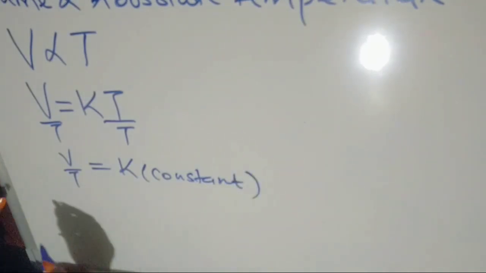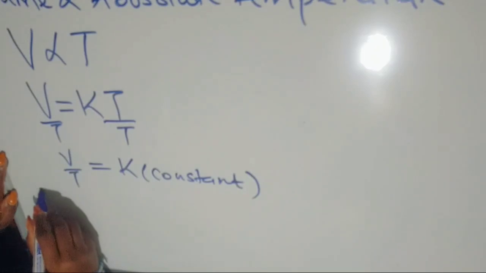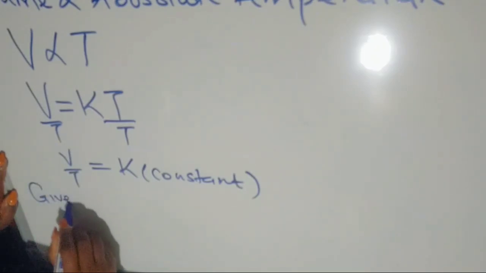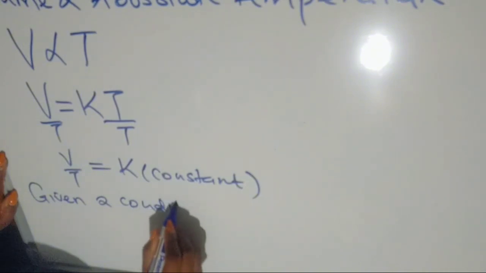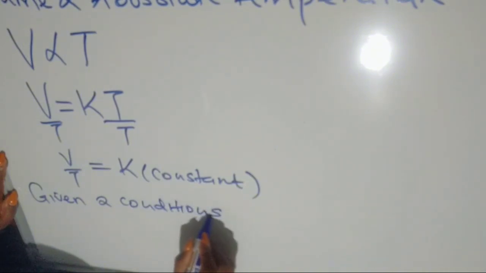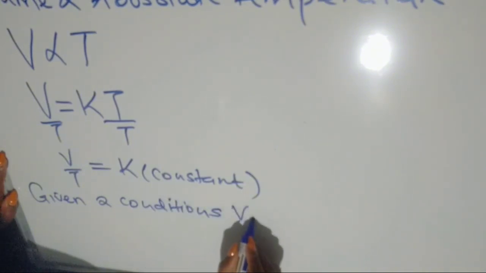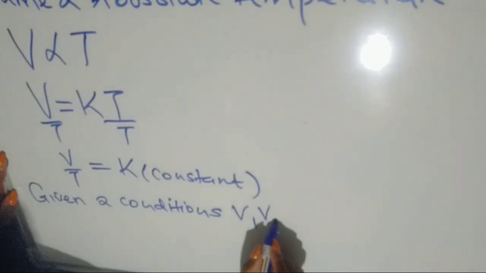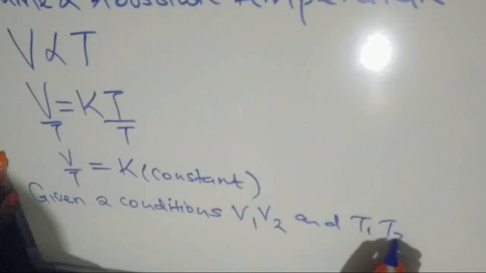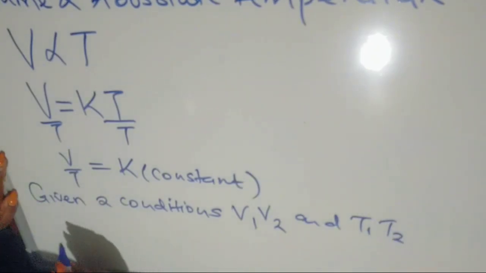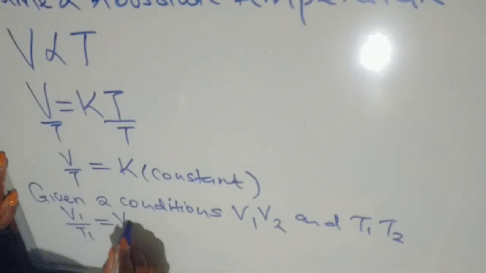Then, given two conditions of volume and temperature, that is V1, V2, and T1, T2, then according to Charles' law, V1 over T1 will be equal to V2 over T2.